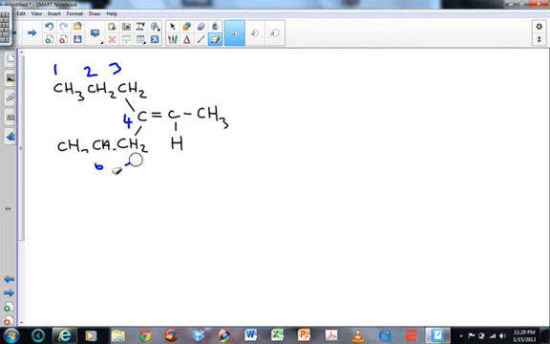So I'm just going to get rid of these, as long as everybody is clear about why I did that. Instead, we need to make sure that we include both of those carbons, which means we have to count these two, which means our longest carbon chain is actually going to be 1, 2, 3, 4, 5, 6. So our name is going to be based on hexene.